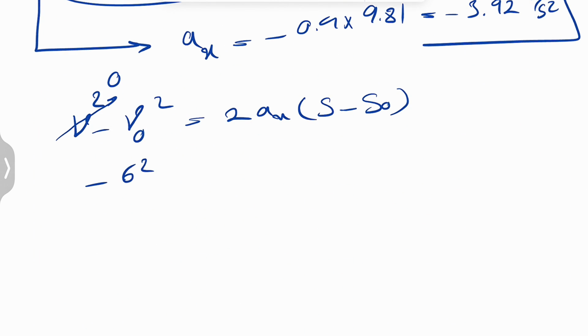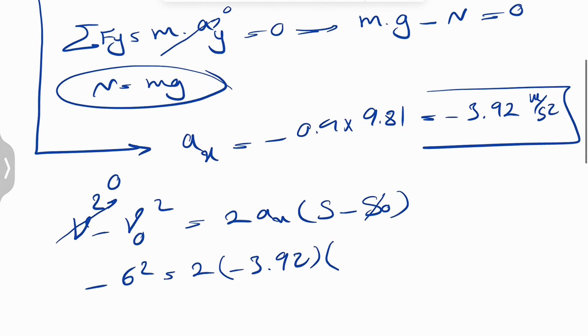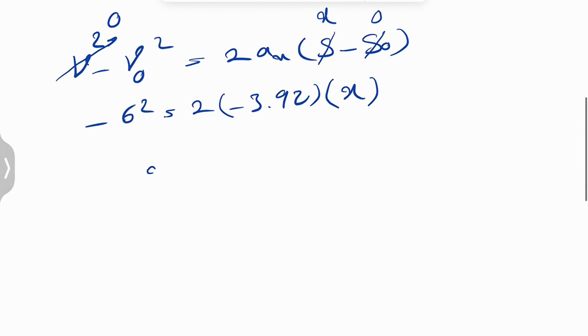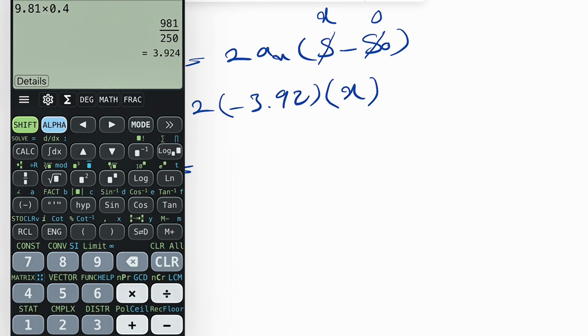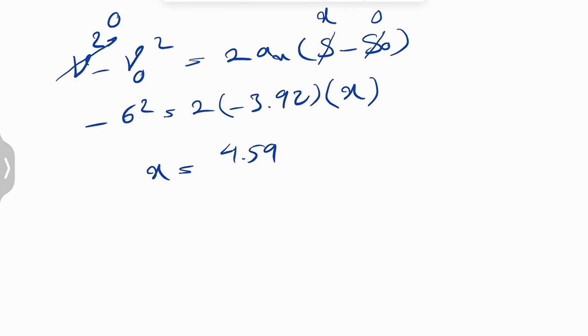So 0 equals 6 squared minus 2 times 3.92 times the distance, where we consider the initial position 0 and this would be our x, and this should give us the travel x that the question is asking for. So basically 6 squared, or 36, divided by 2 times 3.92. That's going to give us 4.59 meters.